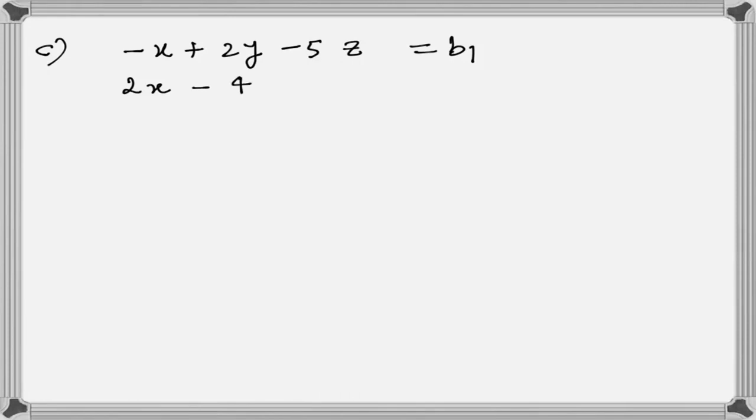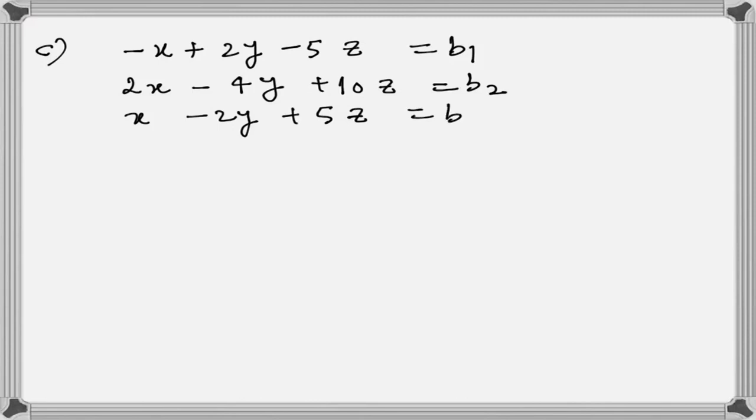Okay, so let's go to part C, where the system is x plus 2y minus 5z is equal to b1, 2x minus 4y plus 10z is equal to b2, x minus 2y plus 5z is equal to b3.